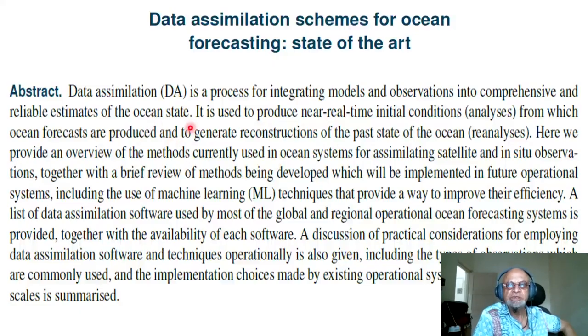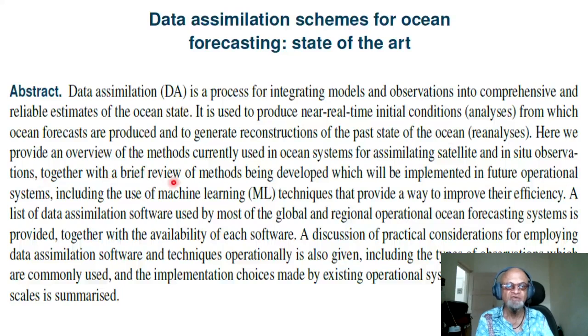So we either do initialization for predictions, in this case that's the focus, but often we also blend data and models in the past to create gridded, dynamically interpolated data sets like ocean reanalysis, which have given tremendous resources for advancing process understandings and so on. So data assimilation is used to produce near real-time initial conditions, so analysis from which ocean forecasts are produced, and to generate reconstructions of the past state of the ocean, which we call reanalysis, as I just mentioned.